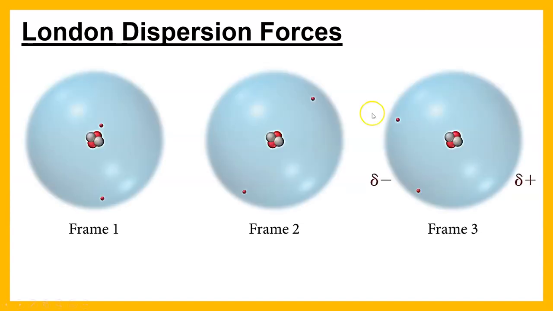I like this picture because they're showing you, in this one moment, the electrons are kind of spread apart on opposite sides. Over here, nice and spread out. And then look what happens here. In this brief moment in time, those two electrons are on the same side, aren't they? And that makes a little bit of a partial negative and leaves the other side a little bit of a partial positive.